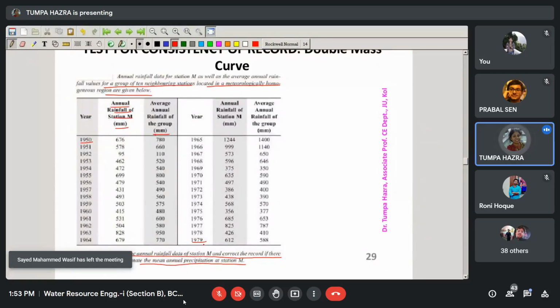You have to first check the consistency of the data, and if you find that the data is inconsistent, then you have to correct the data, and after correction you have to determine the mean annual precipitation.